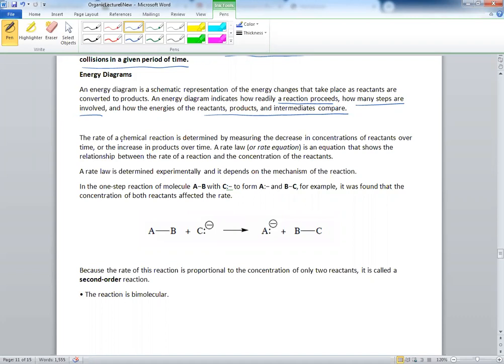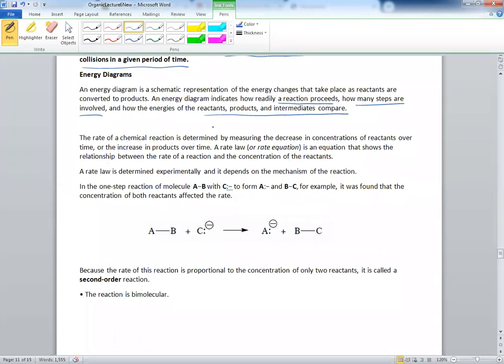There's one thing we need to talk about, which is that the rate of a chemical reaction is determined by measuring the decrease in concentration of reactants over time. So think about it. You're making a product. After 1 hour, do you want to have the products or the reactants with the same concentration?